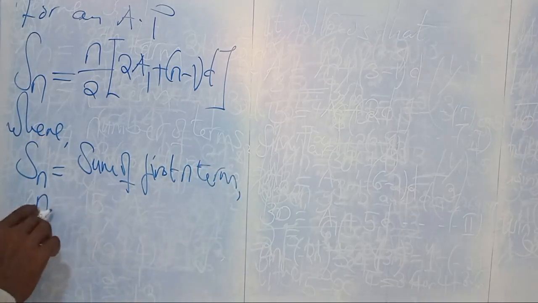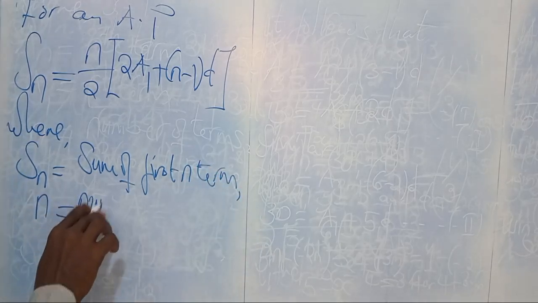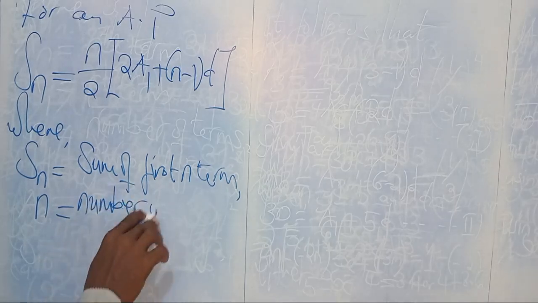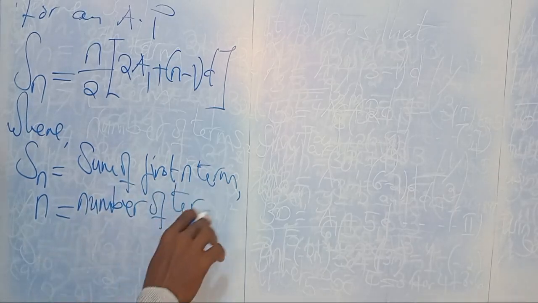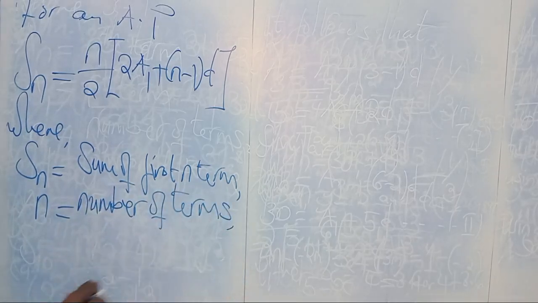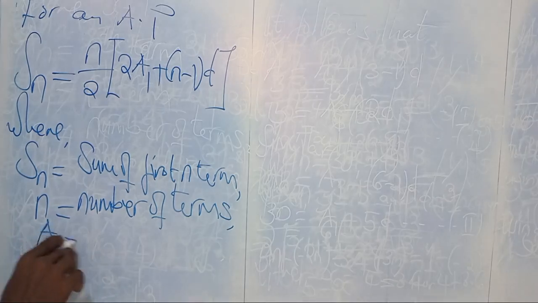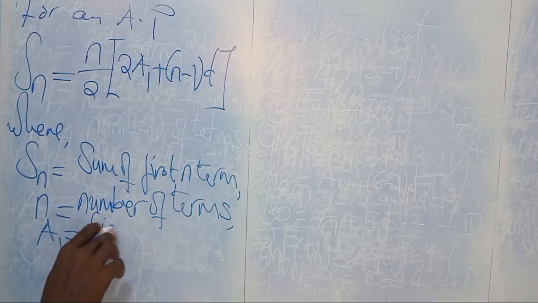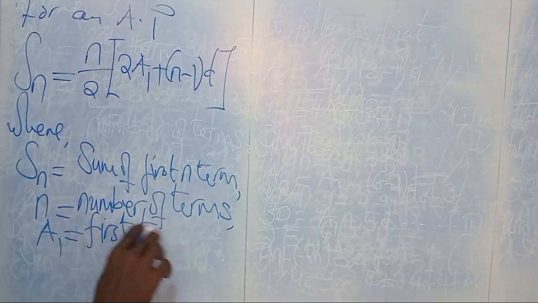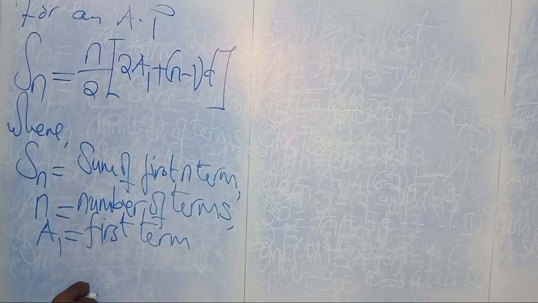We said previously that n represents the number of terms, A1 is the first term of an AP, and d is the common difference.